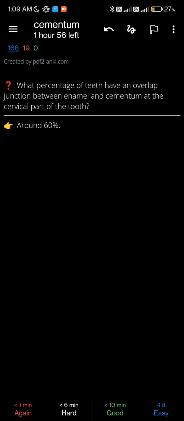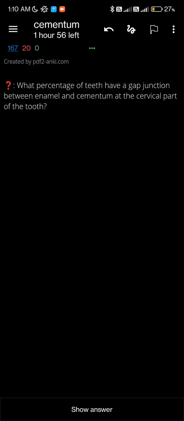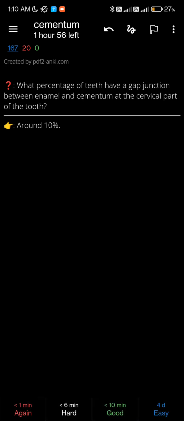Around 60% of teeth have an overlap junction at the cervical part. Then you have the gap junction, which is found in about 10%, like 15%, depending.